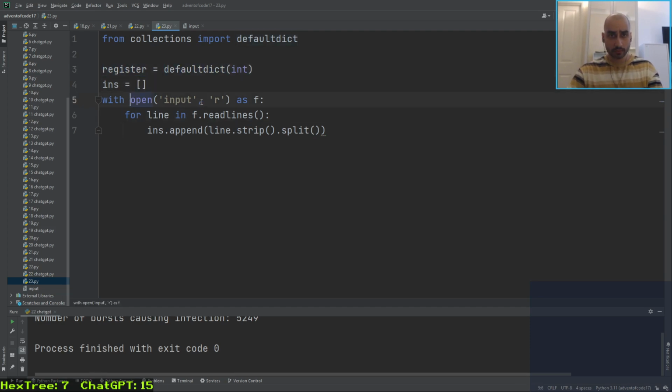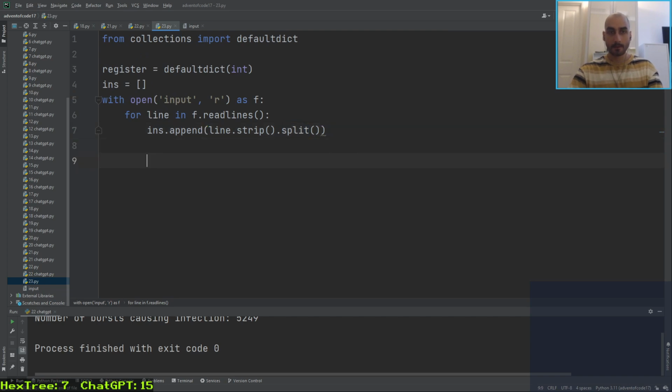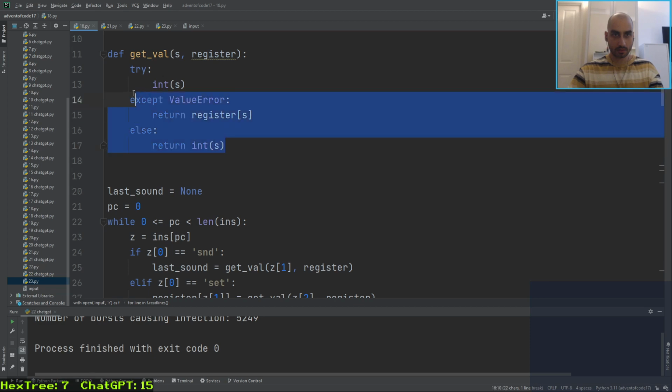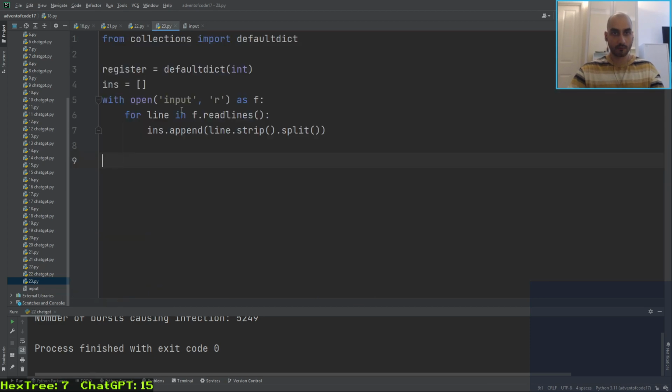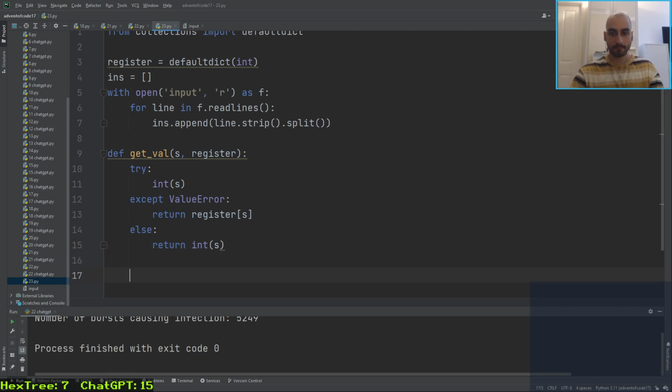With open input, for line in read lines, instructions append line.strip.split. Is that correct? Strip.split. Yep. Okay. What else did we do in 18? That was a nice method. Copy that in. That saves us having to do lots of if else.